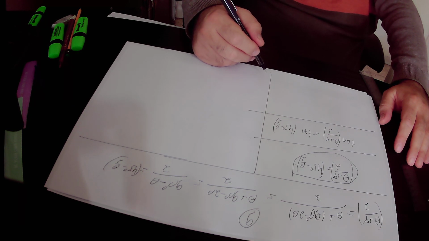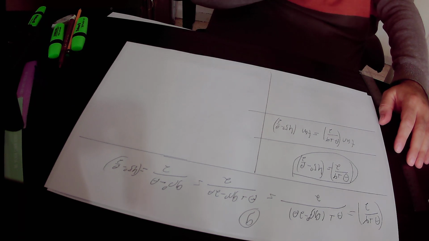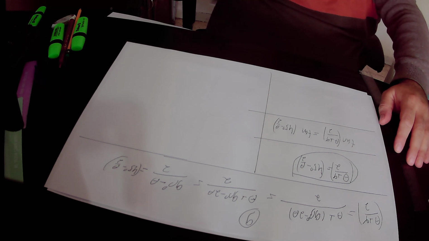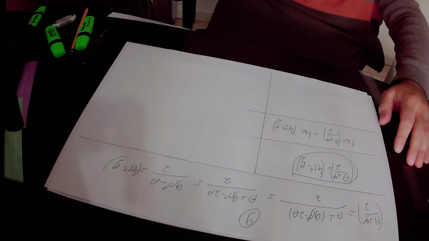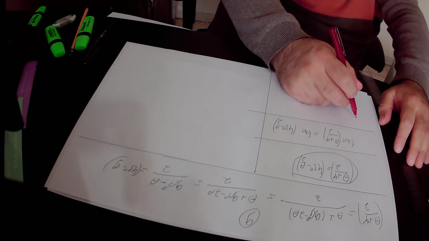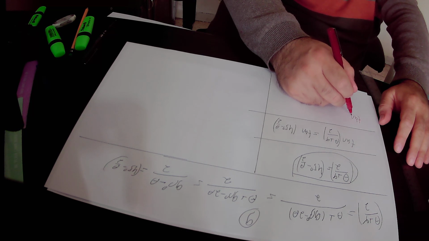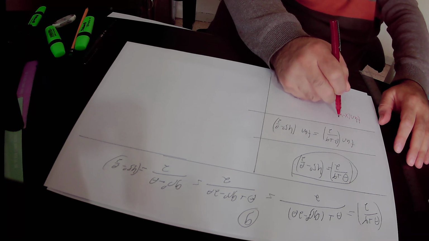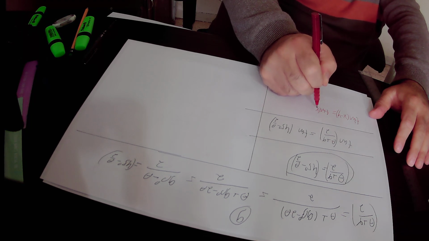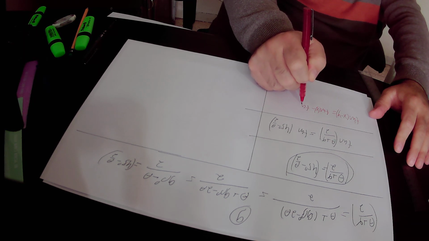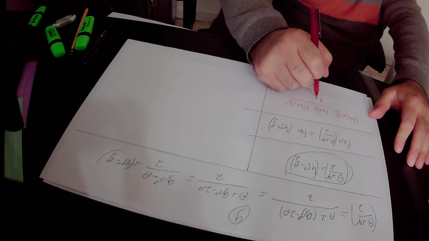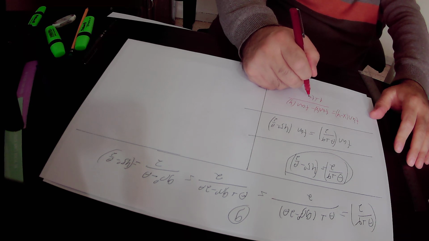And we actually have the trigonometric identity for tangent x minus y. Actually, tangent x minus y is equal to tangent x minus tangent y over 1 plus tangent x times tangent y.